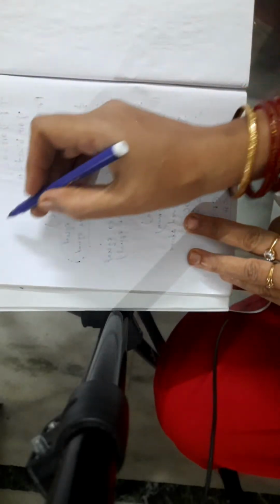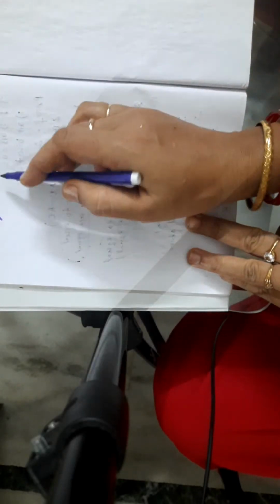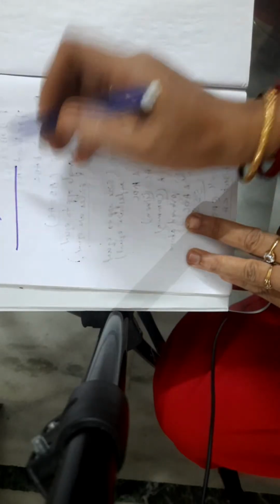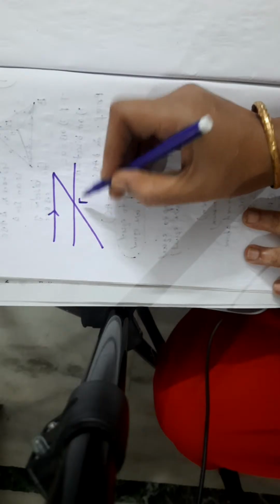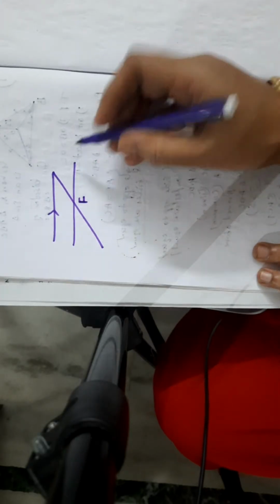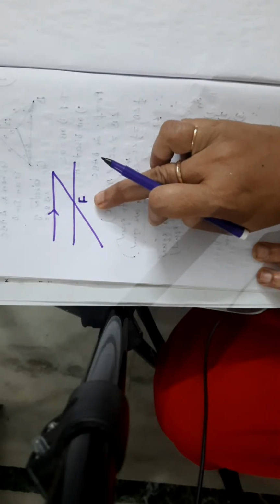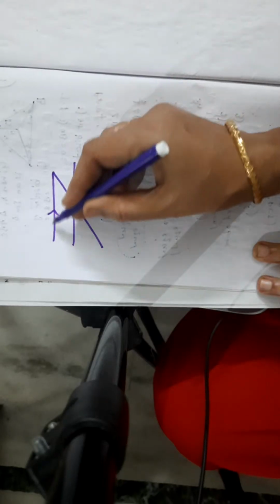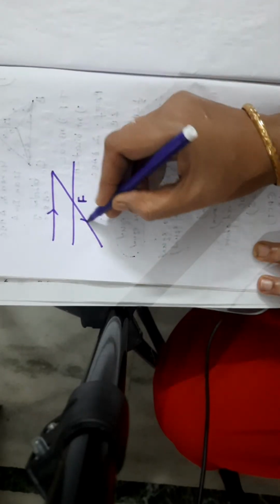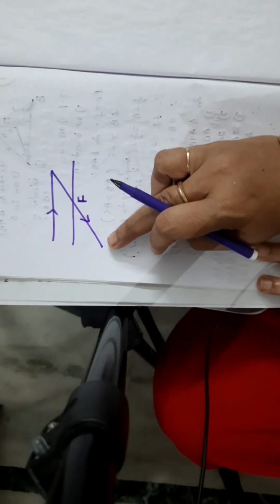If the ray is parallel to the principal axis, it will pass through focus. There is a difference between focus and focal length. When you are representing focus, it should be capital F. One forward arrow is there and the arrow will move in the same direction. Don't get confused. You need to make the same direction arrow downward.